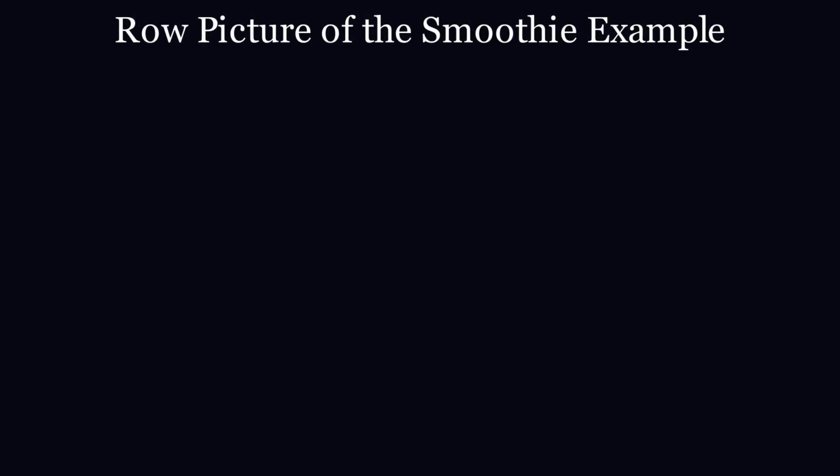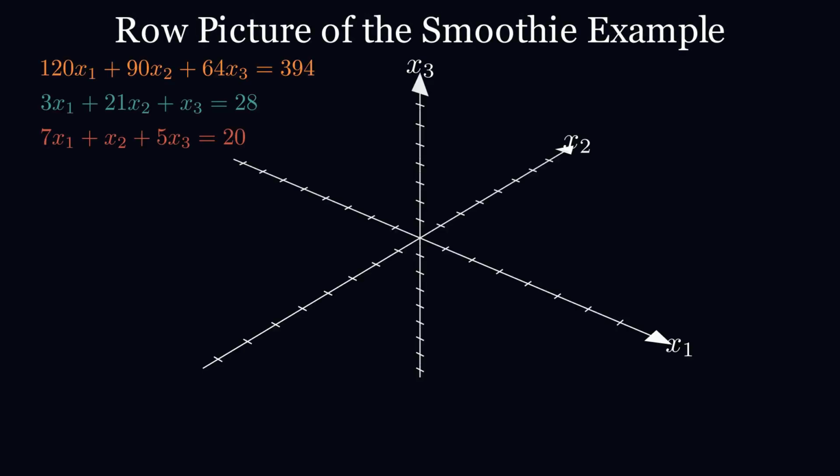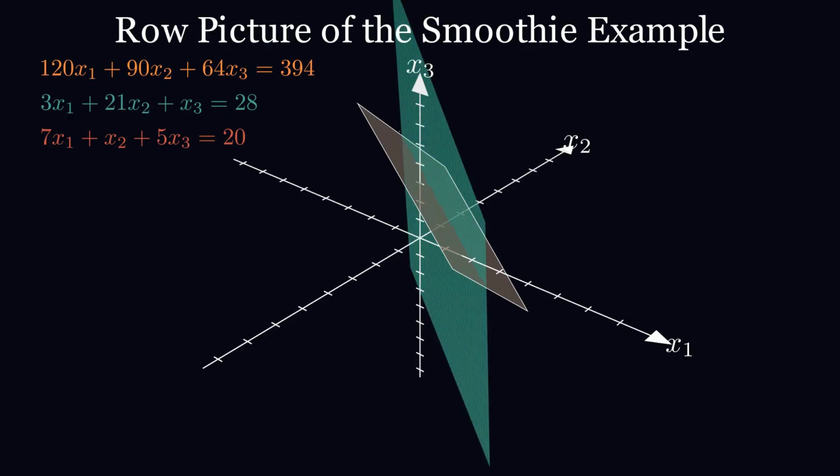Let's go back to our smoothie example. Each of these equations represents a plane in three-dimensional space. Let's start with the first two planes. These two planes intersect along a line. That means that every point on this line satisfies the first two equations.